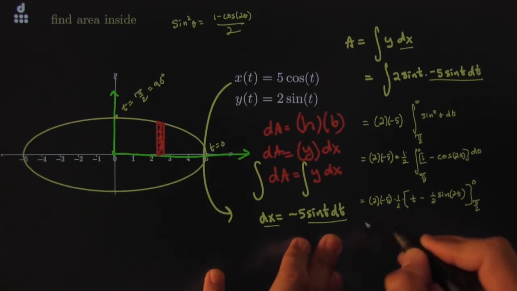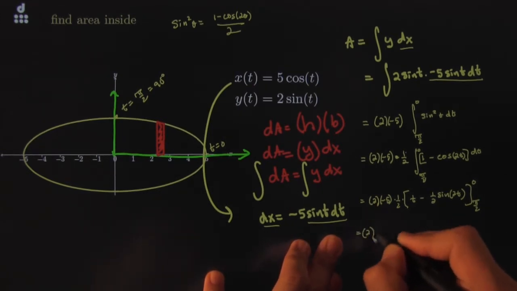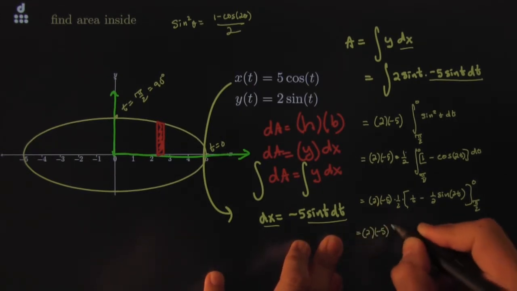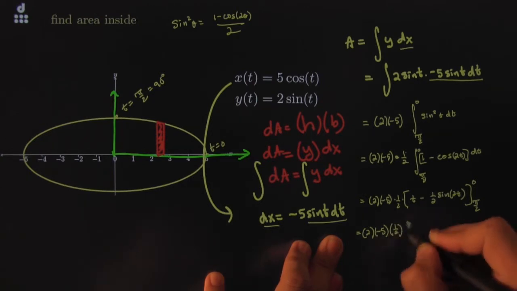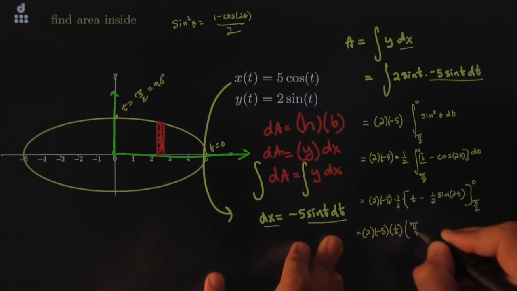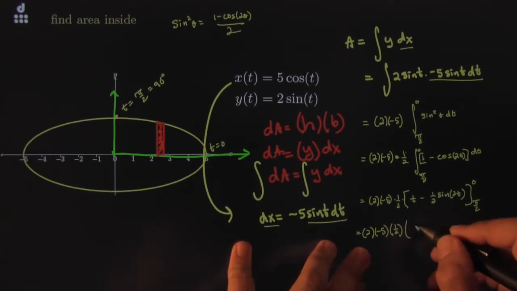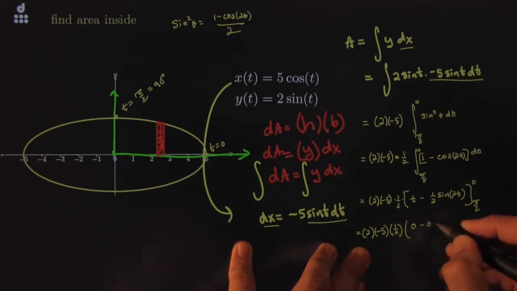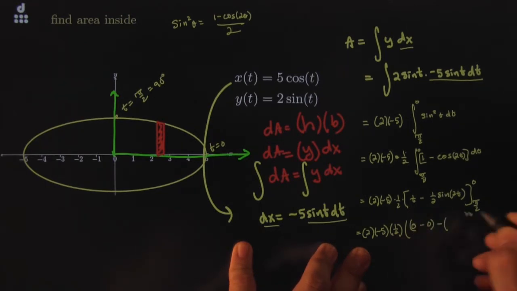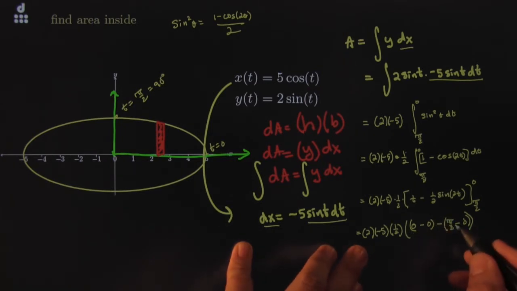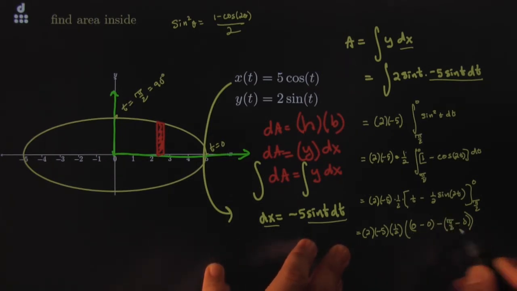So that's going to give me 2 times negative 5 times 1/2 times, sorry, I meant plugging in the 0: 0 minus 0, minus pi over 2 minus 0. When you plug in pi over 2, you get sine of pi, which goes away. This gives you negative pi over 2.